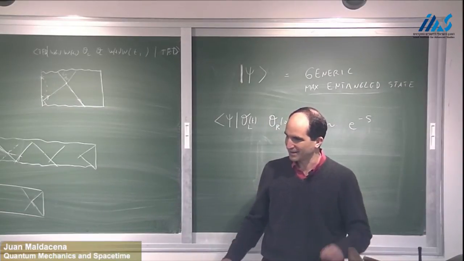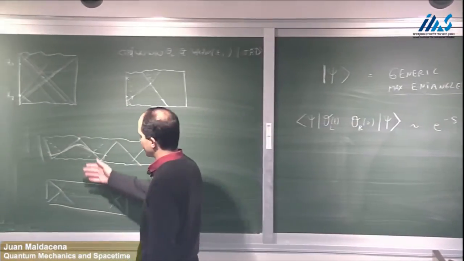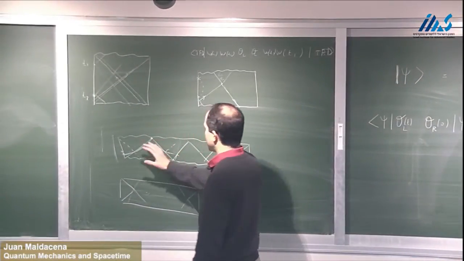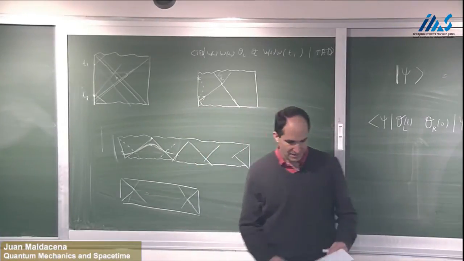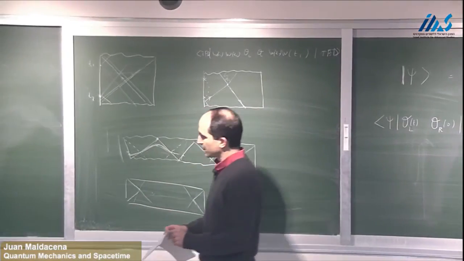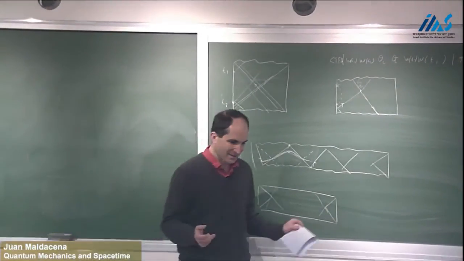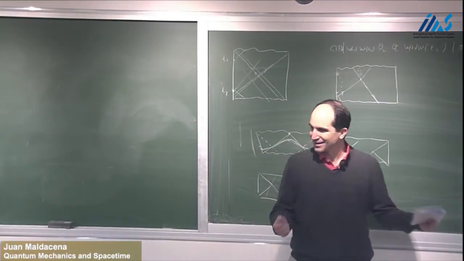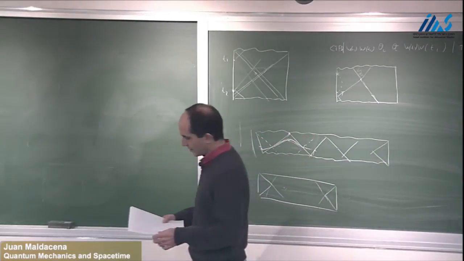And that theory should have the feature that when you have entangled states, you should have this type of wormholes connecting them. It would be funny to have those wormholes connecting only special states and not generic states.